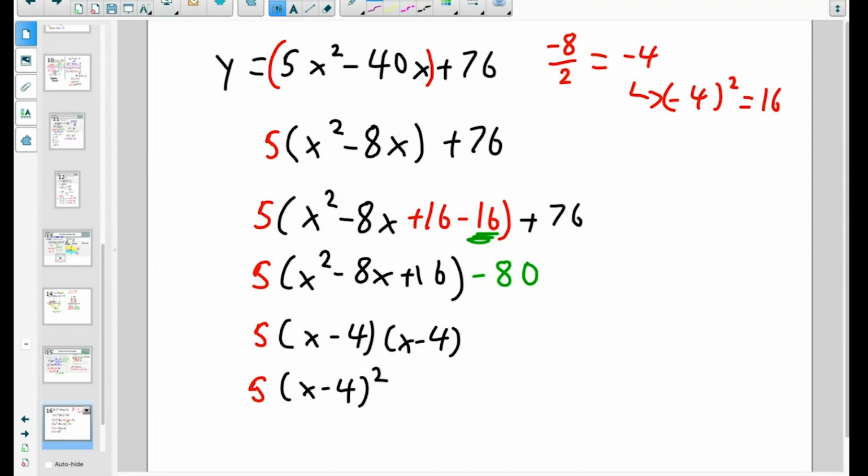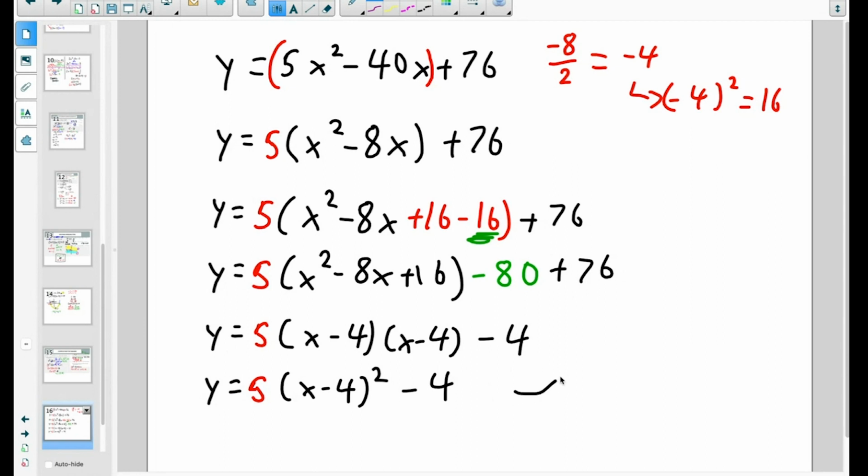So I have the minus 80 plus 76, and that gives me a minus 4, in this case. Okay, so if I just put that y equals back on, this means that I get a turning point at 4, negative 4.